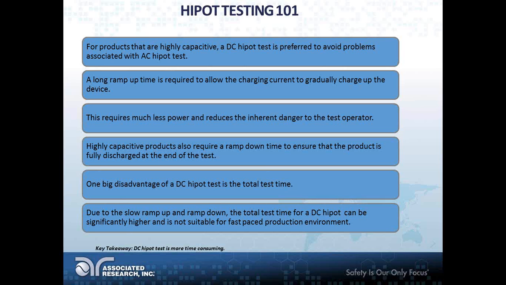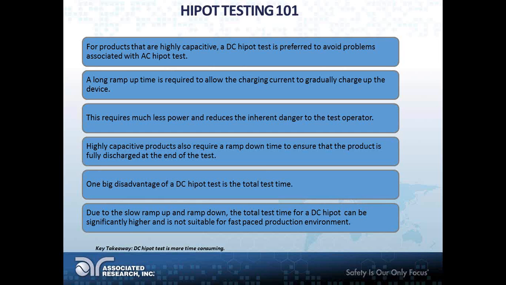Now, a few other important points about Hipot testing. For products that are once again highly capacitive, a DC Hipot test is preferred to avoid the problems associated with AC Hipot, getting into reactive and real current and all that. But with a DC test, you can avoid all that and just look at the real current element, the leakage current element.